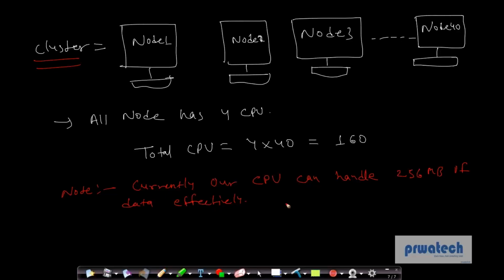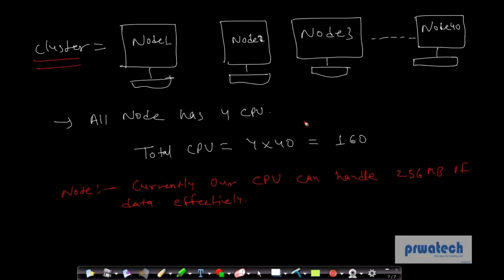I can increase it, definitely, to 512 MB also, 1 GB also. But if I increase to 512 MB, then my performance optimization will decrease, hence it will take more time to process the data. And I will not be able to achieve parallel processing. Right? If it is taking more time, what is the whole idea of coming to Hadoop and working with the parallel processing concept?